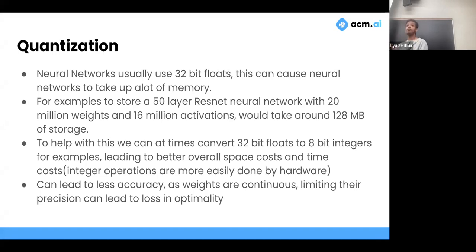If you represent your weights as an 8-bit integer, in this case it's an integer because we convert it to int now, rather than a 32-bit float, there is a loss in accuracy, but it's surprisingly not that much. It's not as drastic as you would assume, and this can lead to better time efficiency and more optimality with regards to the amount of space used.